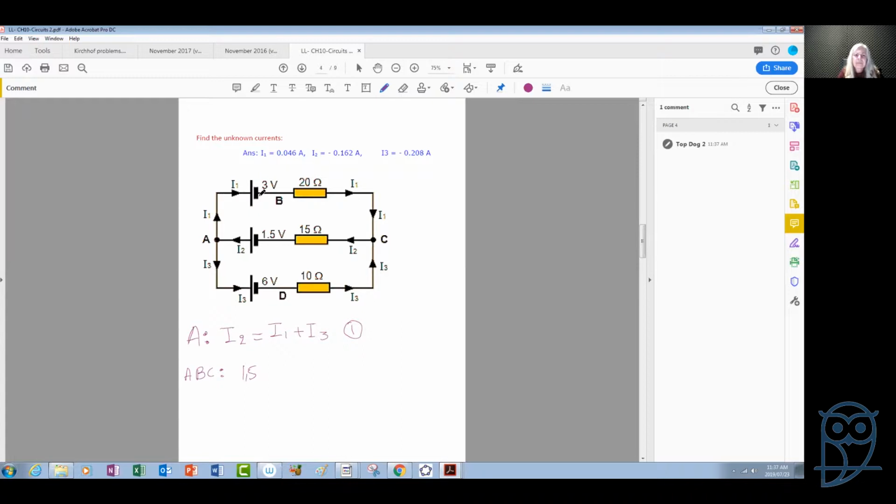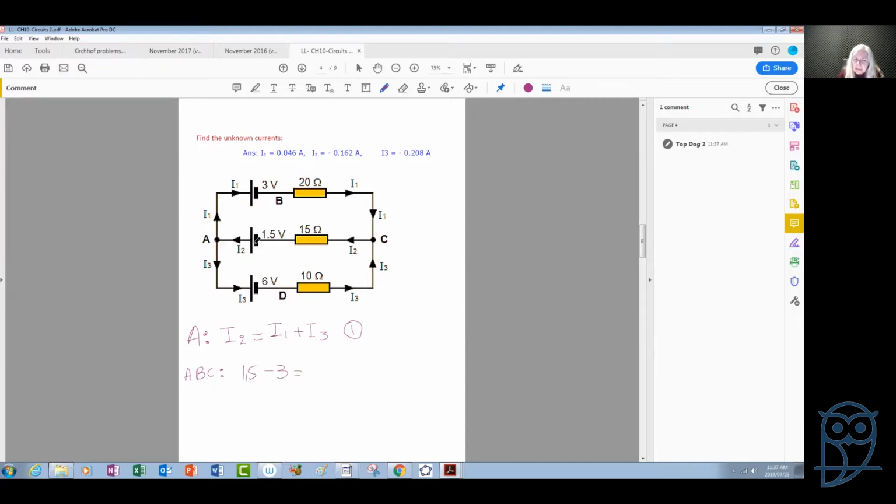Then we meet this EMF of 3 volts, but be careful now how we meet it. We have to subtract this, so -3. Why do I subtract this?